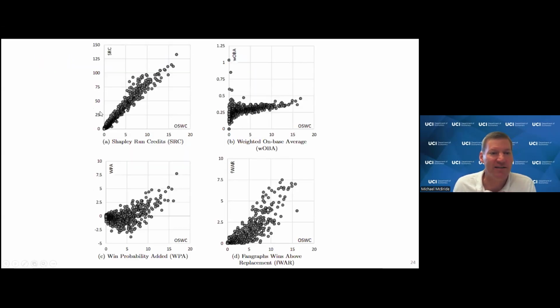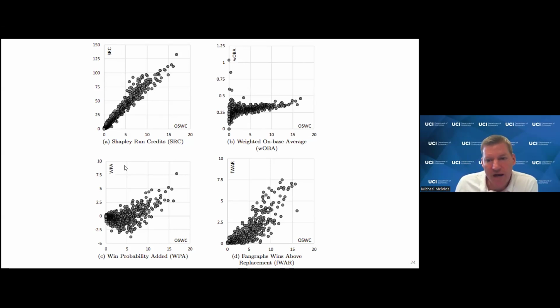Let me skip that. Okay. Here are some more correlations. So you can see that it's strongly correlated with the runs that are scored. So this is a correlation between Shapley run credit and the win credit. Here is another rate statistic for batting skill, and this is positively correlated, but not so strongly as you'd expect.